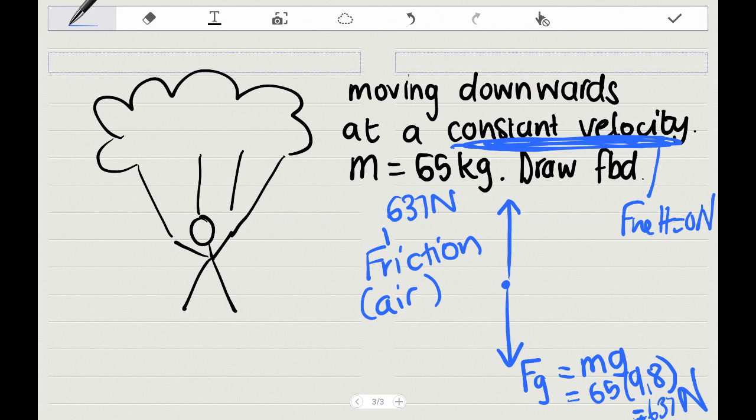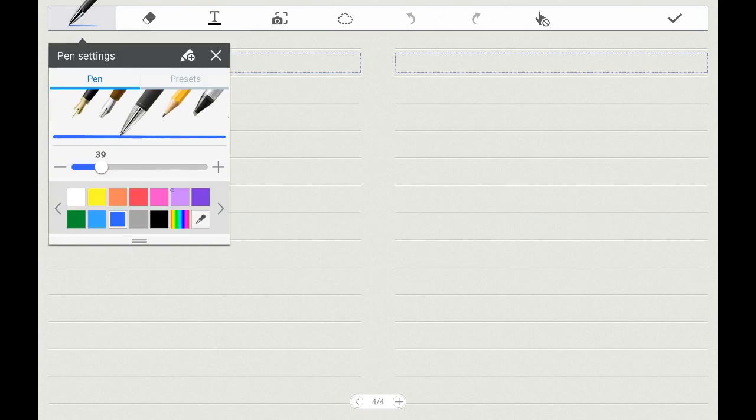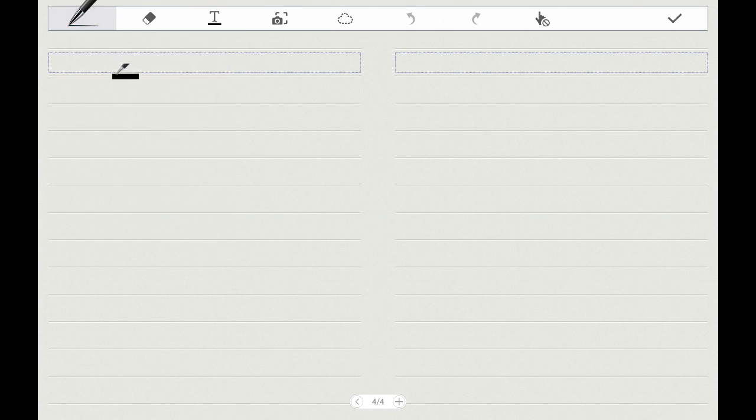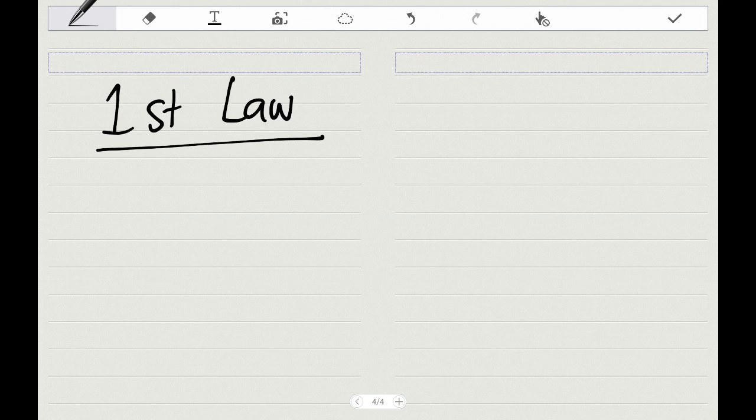I hope you understand, but just to recap, Newton's first law identifies the cases where the net force is 0.